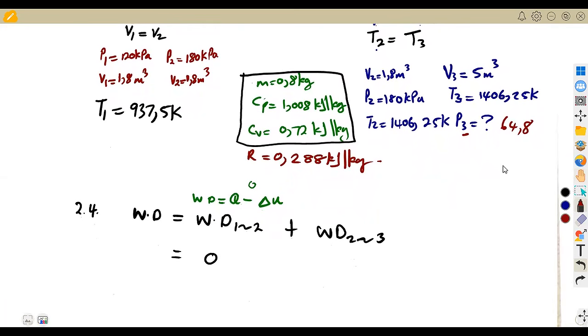Remember, from the formula that I indicated, we are saying the work done is equal to P1 V1, or P2 V2 in this case. All right, so we're going to have it as PV, which is going to be P1 V1 times the ln of V2 over V1, sorry.